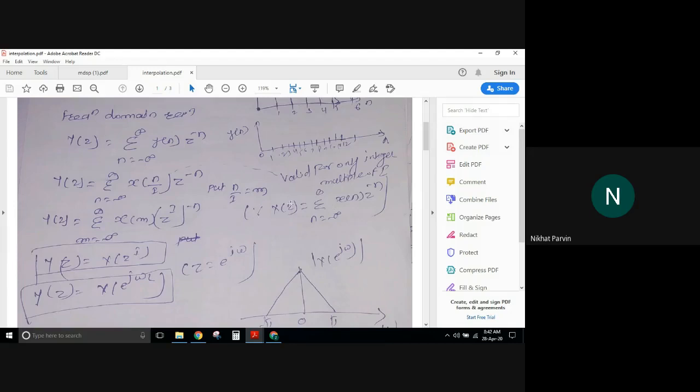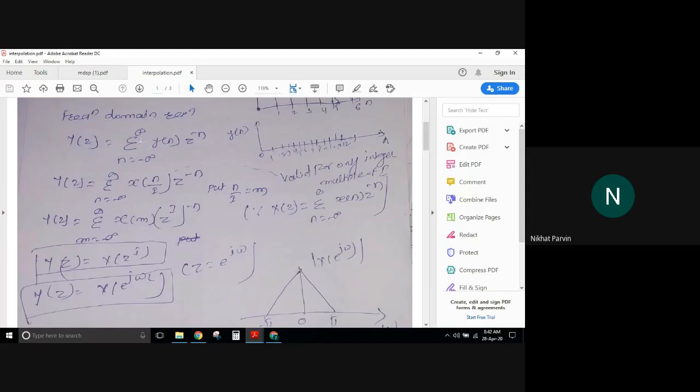What I'm saying is, here you can see, as I have written, y of z, the frequency domain representation when you apply the z transform on it. Y of z equals summation over n equals minus infinity to infinity y of n into z power minus n. This is the formula, right? This is the derivation, the main exact thing which we want to have.